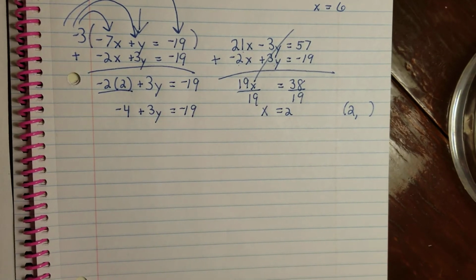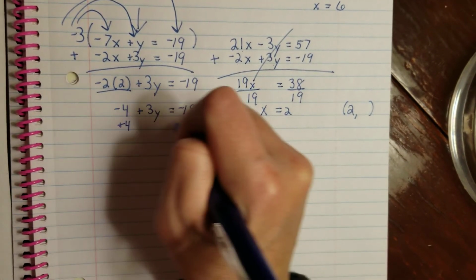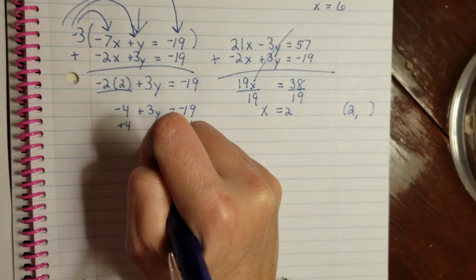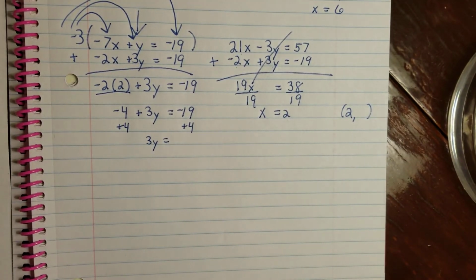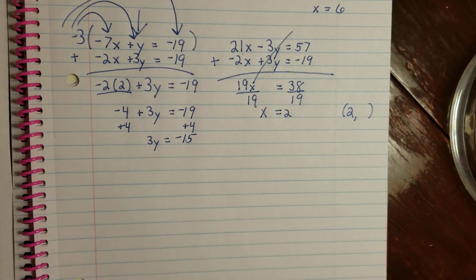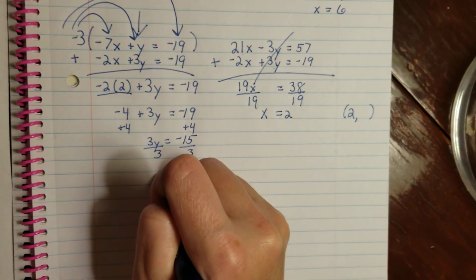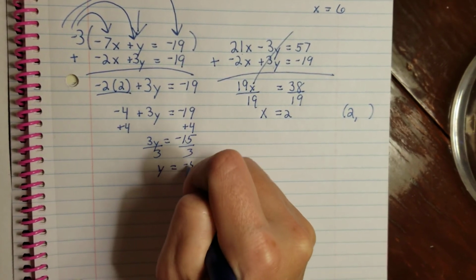So I'm solving the equation for y. Add 4 to both sides. 3y equals negative 19 plus 4. That gives you negative 15. Very last step is you want to divide by 3. So y equals negative 5.